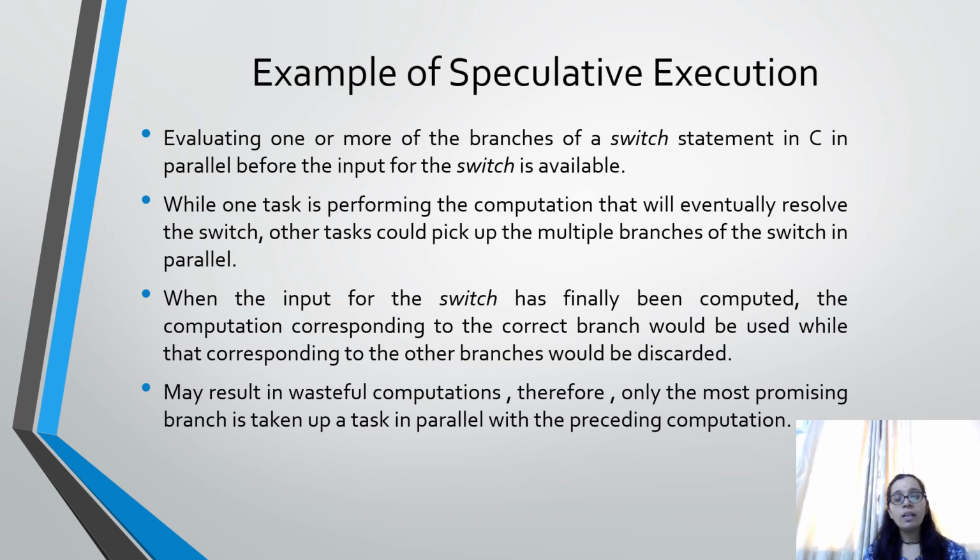But the disadvantage is that this may result in wasteful computation. Why? Because along with case 2, case 1, case 3 and case 4 are also computed. That results in wasteful computation. Therefore, the solution is that only the most promising branch is taken up in the task with the preceding computations.